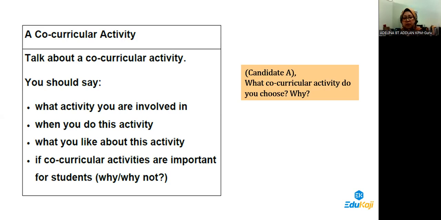So usually question number 4 is more of a kebat question because students have to think logically. So why in schools are students required to take part in co-curricular activities? They must participate. They must have these 3 co-curricular activities to be involved in.